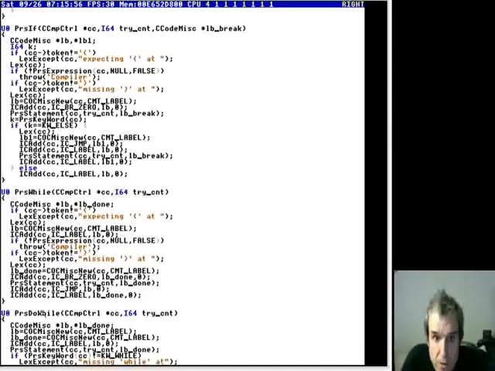Well, the first trick is the lex is always sitting one token ahead of where you are. Currently it's on the while keyword, and so when we say lex, it goes past the while, and now it's sitting on the parenthesis for the while. You follow? Now it makes a label.